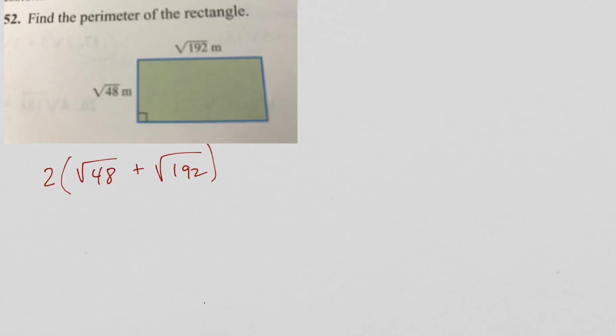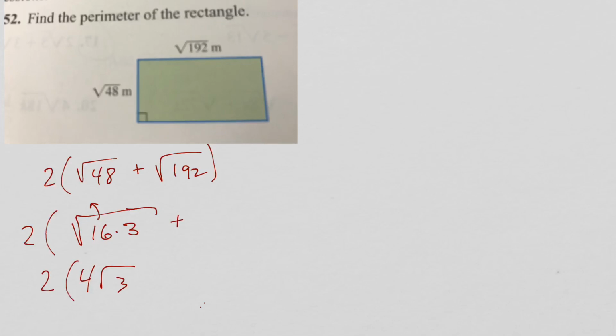Okay, so root 48, let's see, is 16 times 3. And when you take out the 16, it becomes a 4. 192 is, well, let's see, 192, oops, what did I do? 192 is 2 times 96.